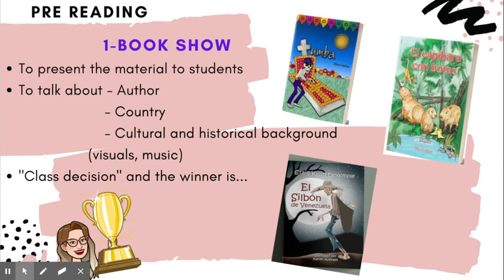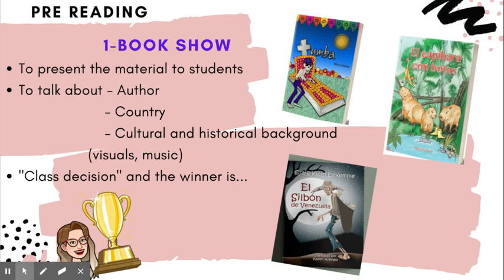I talk about the author, the country, and the cultural and historical background. I use visuals and music. I change my voice. For example, we were reading Tumba by Mira Canyon, and we were talking about the Dia de los Muertos in Mexico, and they had a lot of questions about this.